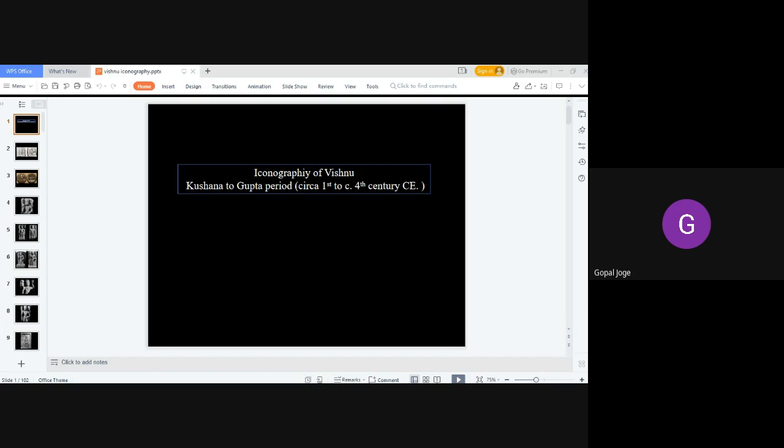In the Naneghat inscription of Naganika of the Satavahana period, it starts with Sankarshan and Vasudev. It means that in these centuries in the Deccan region, these deities may have been known. These deities were also existing in the Satavahana domain.